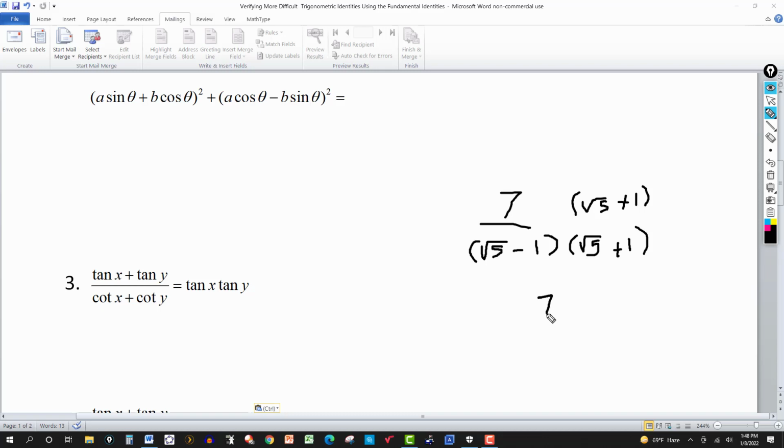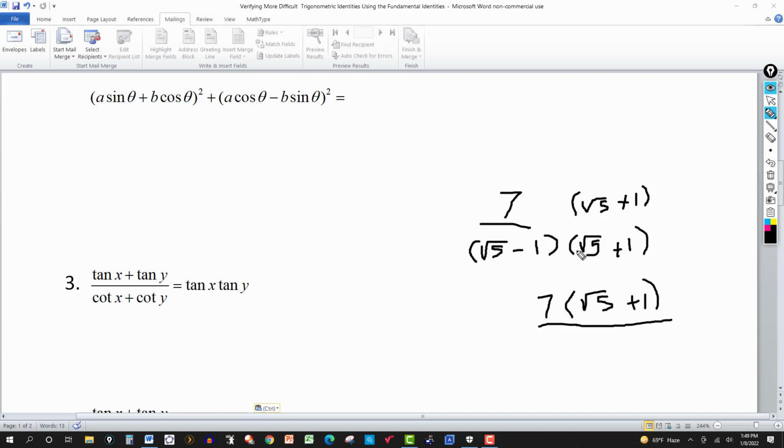So the numerator becomes 7 times, and I just leave this as a product, radical 5 plus 1. In the denominator, now we have radical 5 minus 1 times radical 5 plus 1. The reason we multiply by the conjugate, that is the difference and the sum of the same 2 terms, is because we can apply the rule from basic algebra: a minus b times a plus b is the difference of the squares.